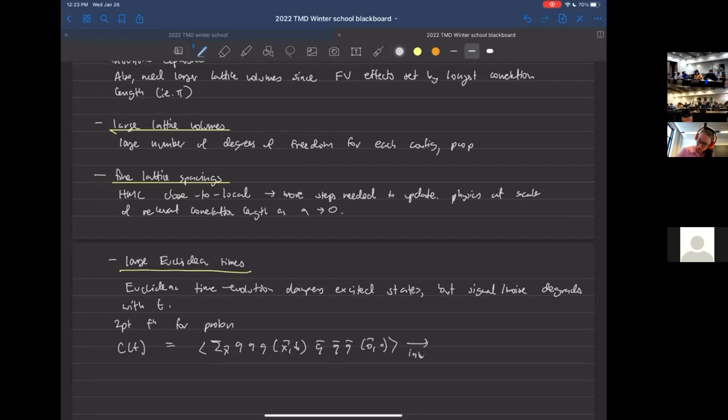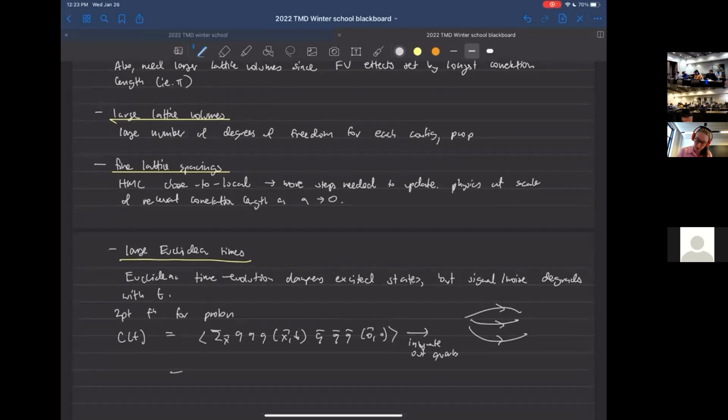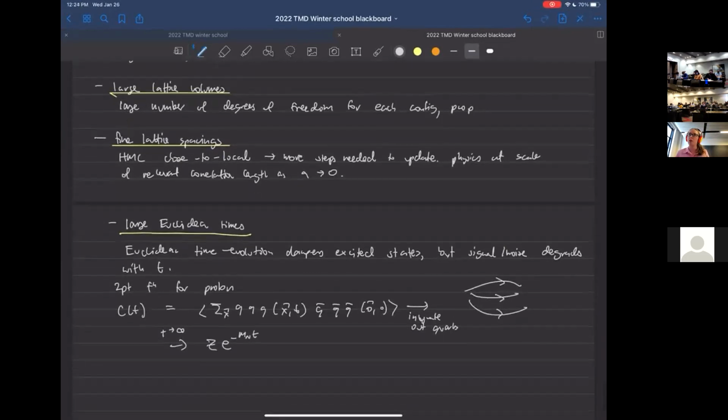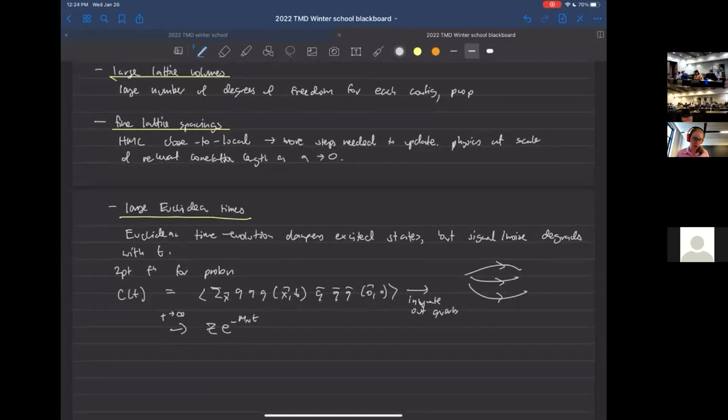When we integrate out the fermions, we saw a picture of this in terms of these 3 contractions, right? That's what our 2-point correlation function for the proton looked like. And we saw that as time goes to infinity, this will look like some constant times e to the minus the nucleon mass times that Euclidean time. So that's sort of the scaling of the signal of that 2-point correlation function.